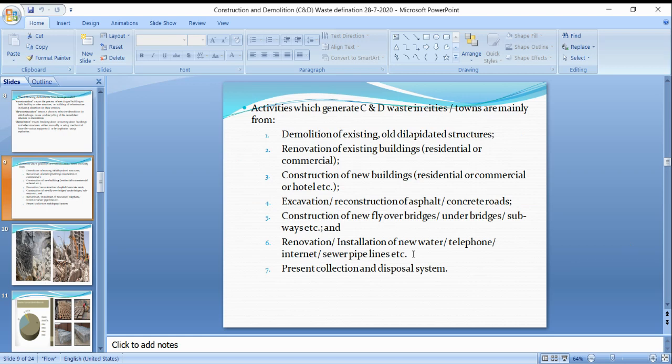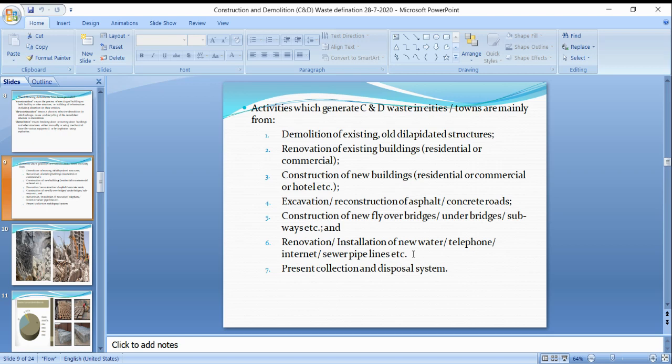So what are the activities which generate C&D waste in cities or towns? How will construction and demolition waste be generated? First, demolition of existing old dilapidated structures, meaning whatever old structures are there, like an old house.